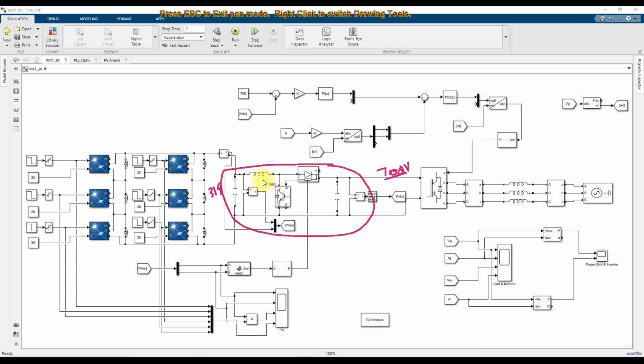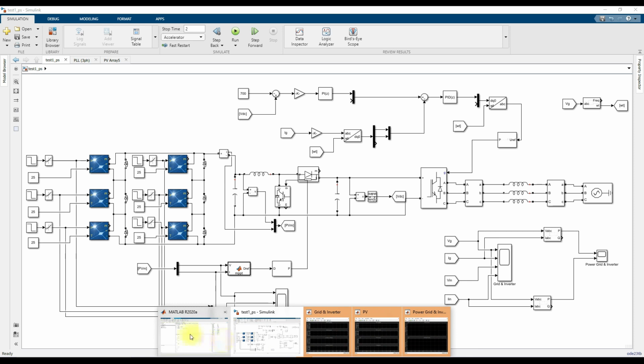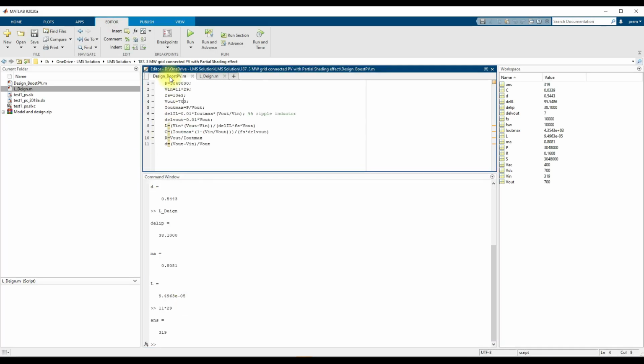The L and C values are going to be calculated based upon the input voltage 319, the output voltage, and the total power rating of this PV panel, which is around 3 megawatt. Based upon that, we are calculating the L and C values.